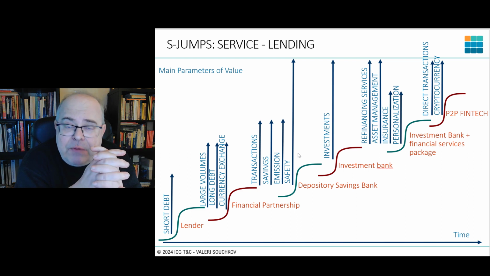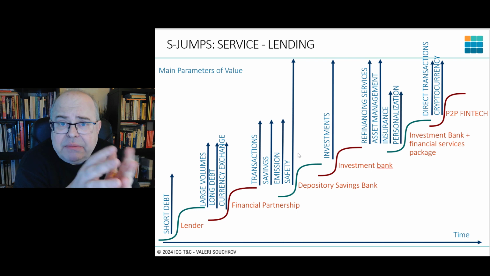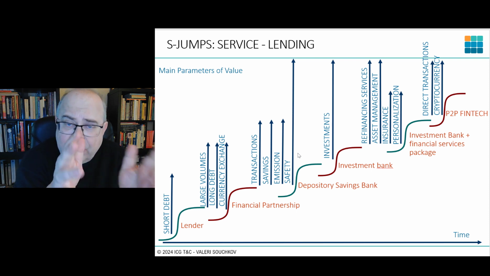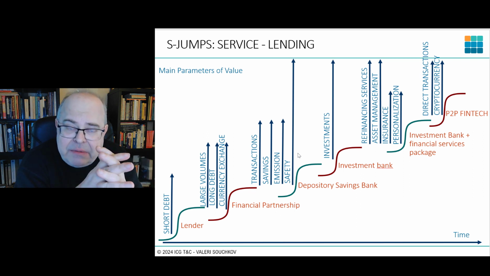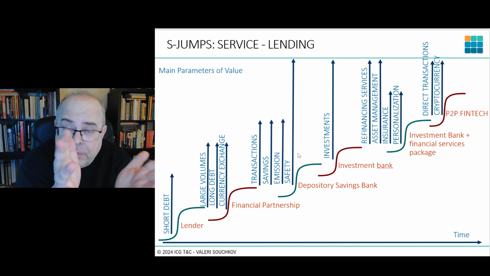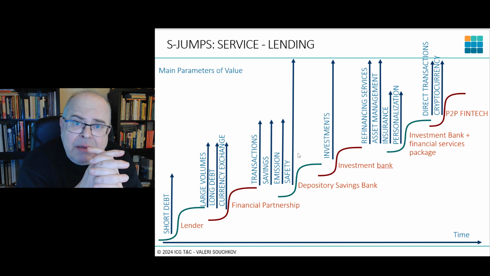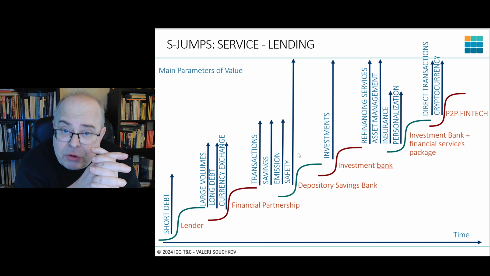Look at S-jumps for financial services. First, 2,000 or 3,000 years ago, they were just human lenders, who could afford giving money for short debts. Then they moved to another business model. They started to combine several financial partners, who had more money and, of course, could provide large debts for a longer period of time.